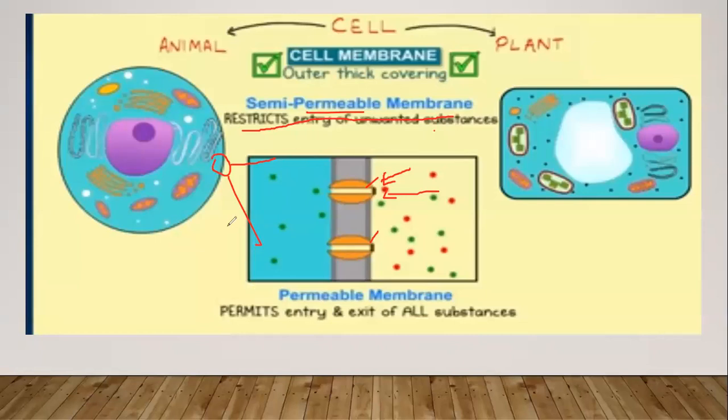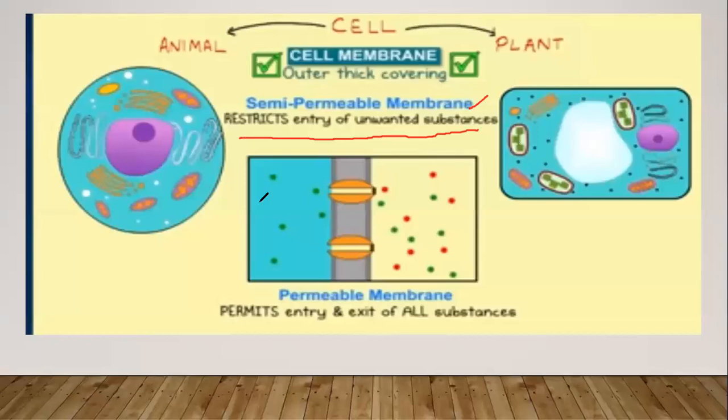So the plasma membrane acts as a semi-permeable membrane, that means it can restrict the entry of unwanted substances. It cannot allow all the substances, it can allow only useful substances. So it is called a semi-permeable membrane.